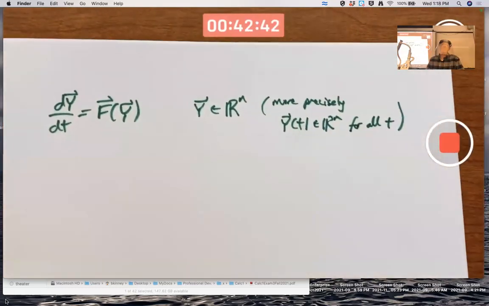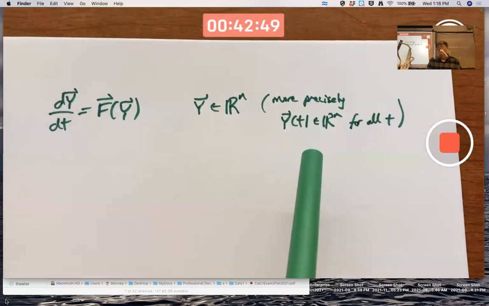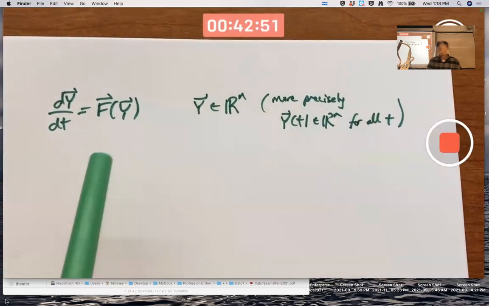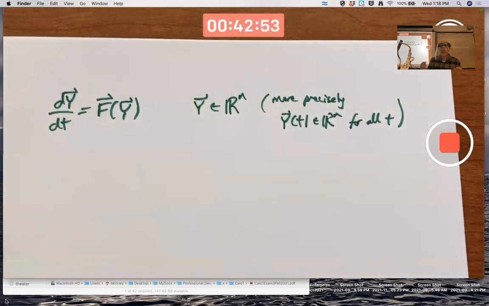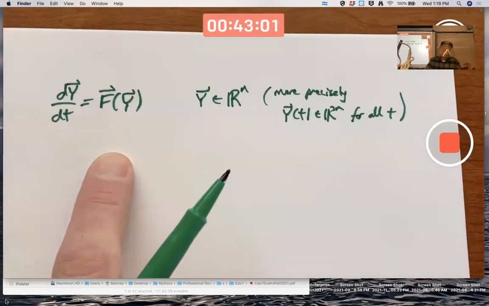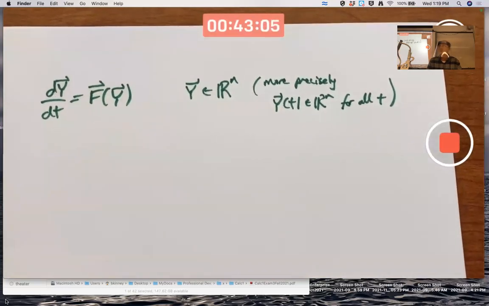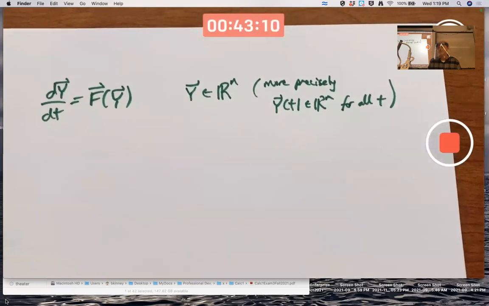Although a subtlety that I'm shoving under the rug there is that y of t, a solution of the differential equation, which I could also write as a capital phi of t, might not be defined for all t. Typically with nonlinear equations, one theme I have gotten across sometimes is that the solutions are not necessarily defined for all t. They are for linear systems, but not for nonlinear systems.